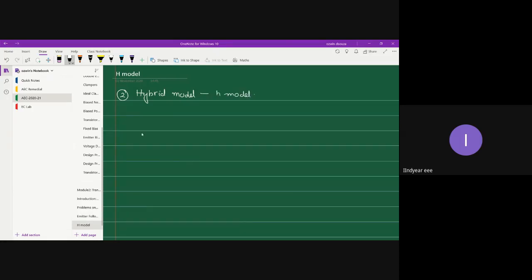This H model is on the basis of, once again, two-port network parameters.